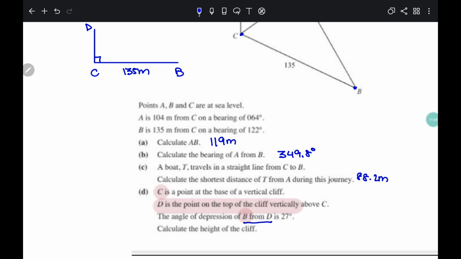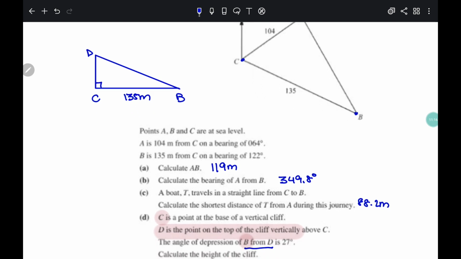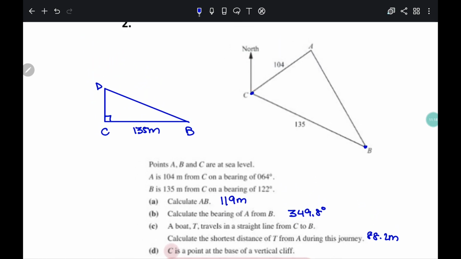Angle of depression of B from D is given as 27 degrees. Angle of depression is always measured from the horizontal line down. So that part there is 27.